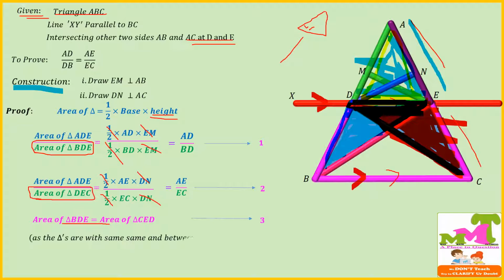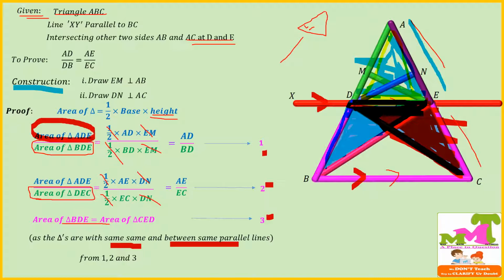The reason, as I explained, is that triangles with the same base between the same parallel lines have equal areas. So from equations 1, 2 and 3, here I forgot to tell you, the numerator is ADE, and from equation 3 we got to know that area of BDE is equal to area of DEC.